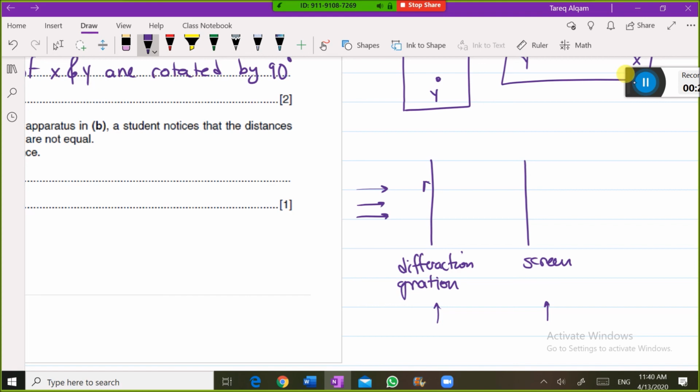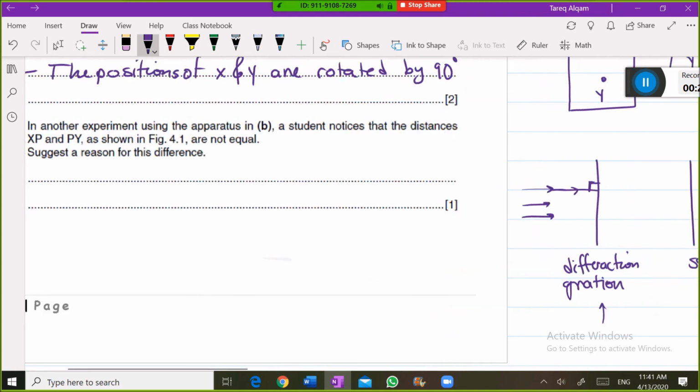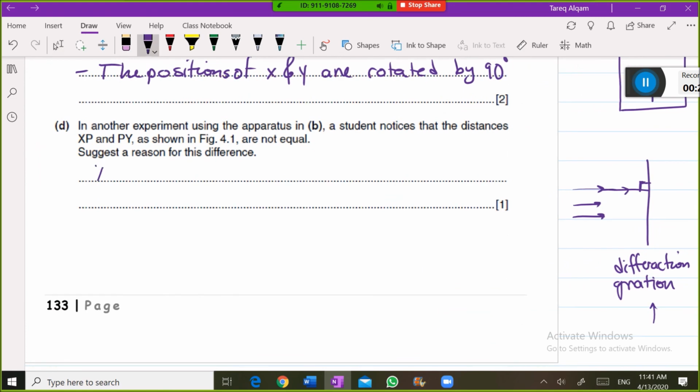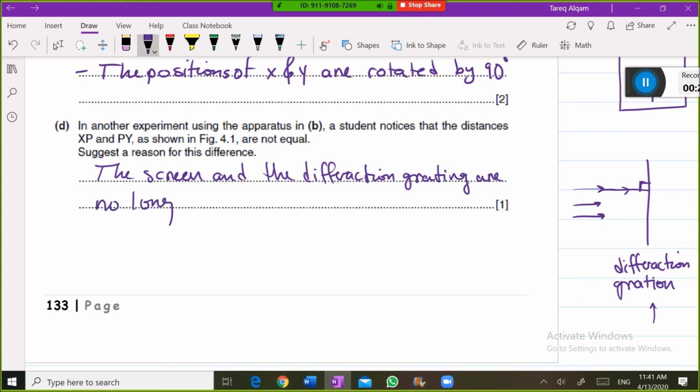And this is the incident one. So here the screen and the diffraction grating are no longer parallel.